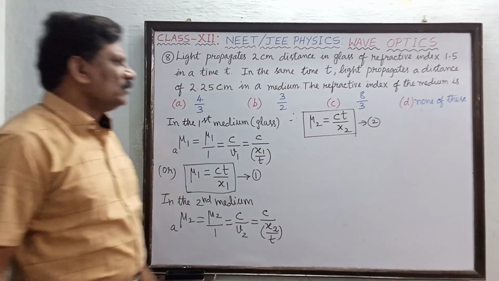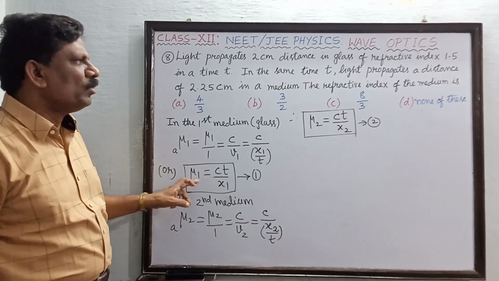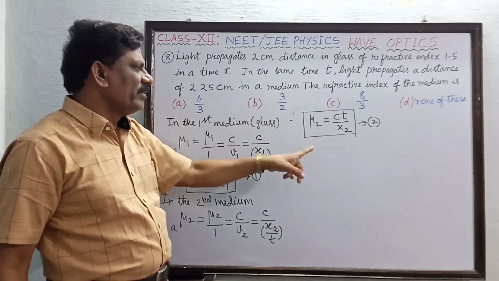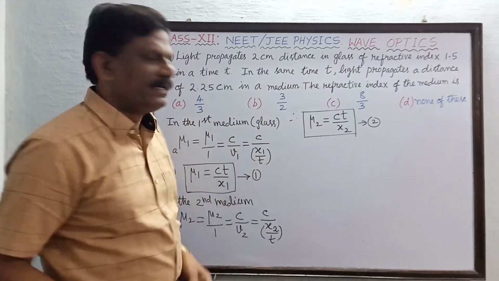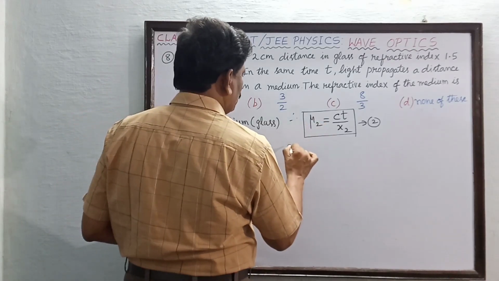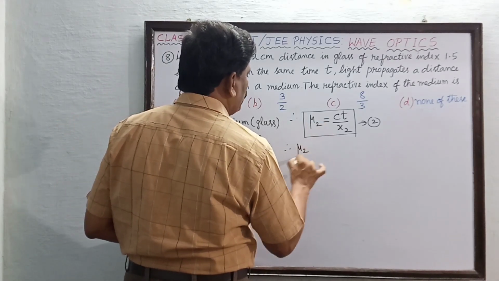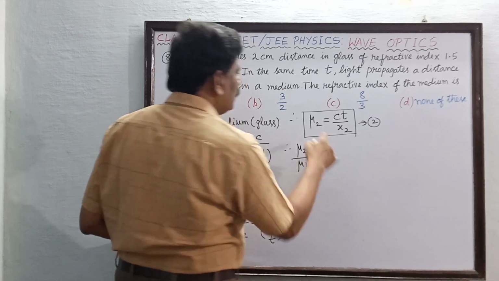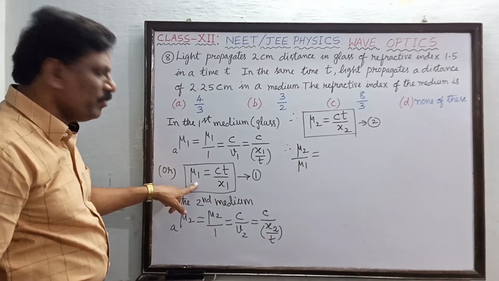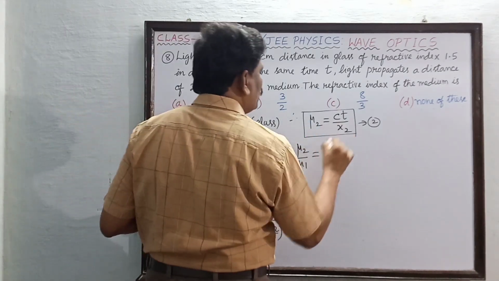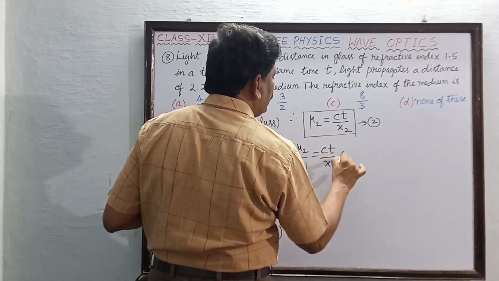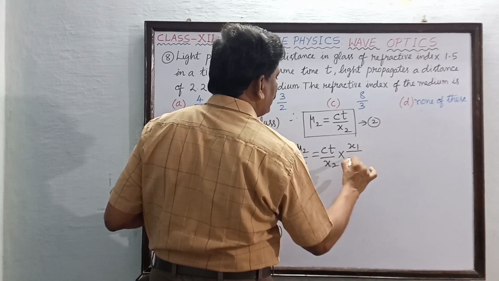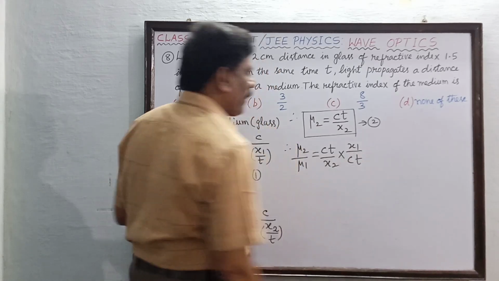Now mu1 for glass is given as 1.5. Mu2 I have to find out. So I will take the ratio. Mu2 divided by mu1 is equal to ct divided by x2, into x1 divided by ct.